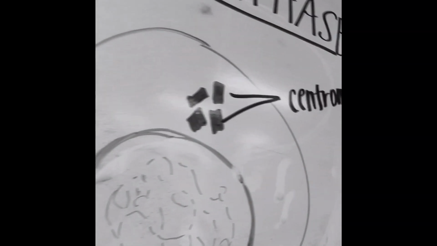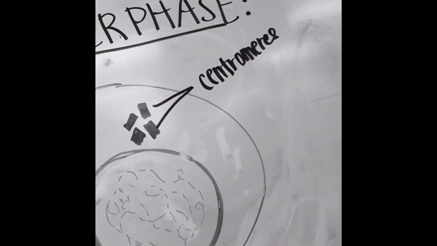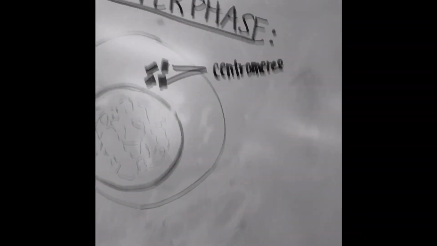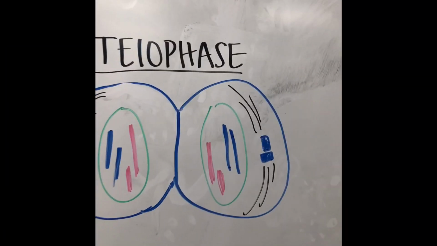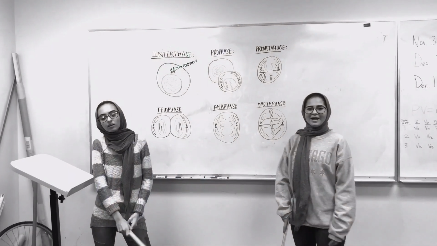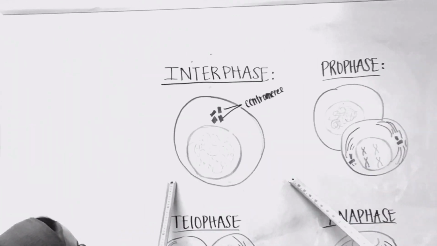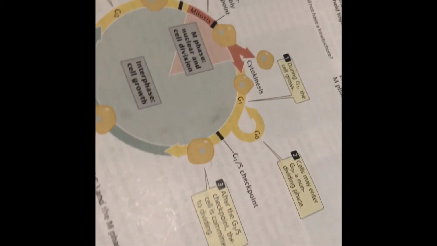The cell cycle consists of 2 phases, from interphase to the M phase, each divided into different stages. Hello from the interphase. Here we have G1, S, and G2.